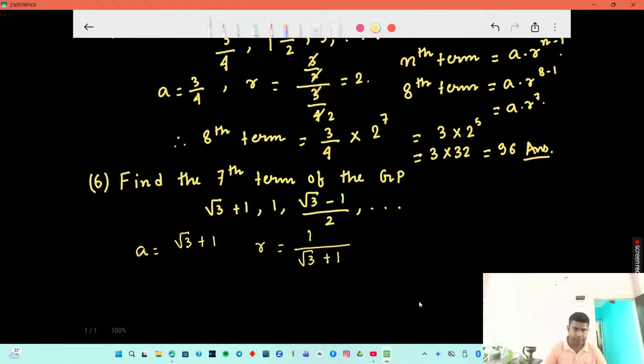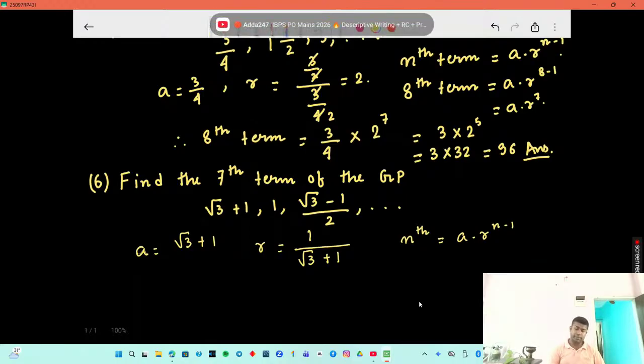Now what is the formula of nth term of GP? The formula for nth term is a into r to the power n minus 1, where a is the first term, r is the common ratio and n is the nth term. So here we have to find the seventh term.